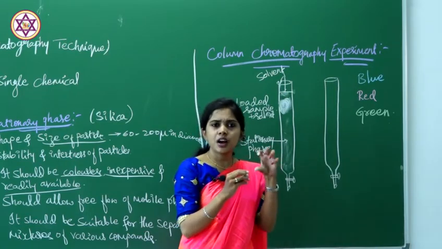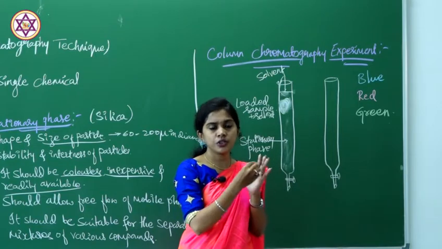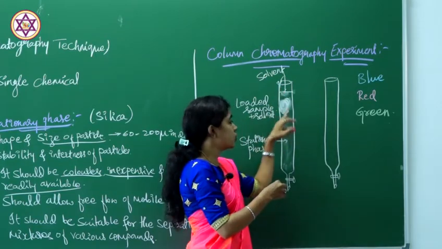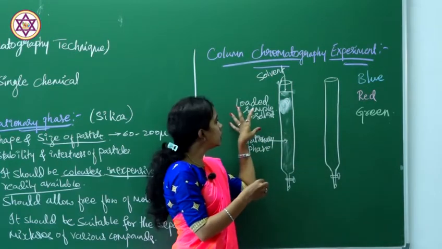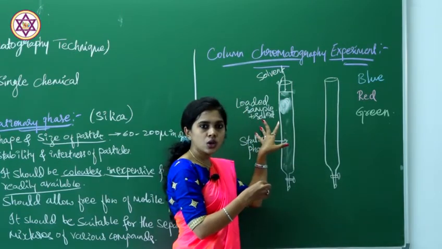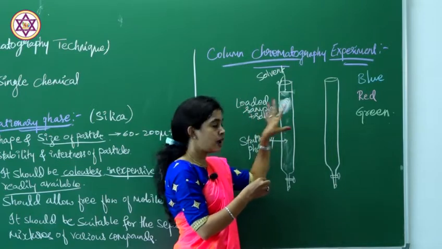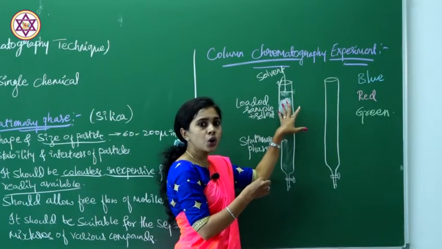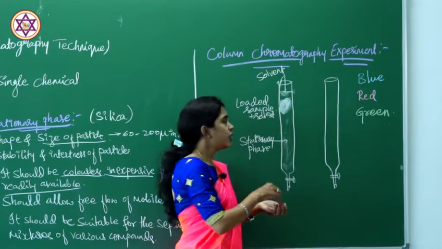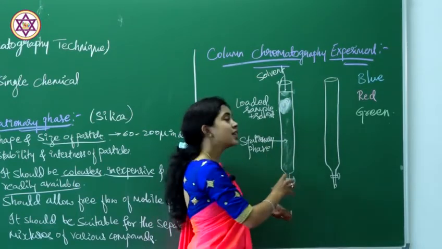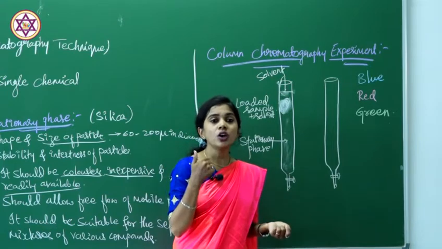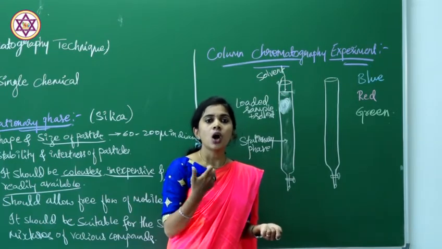It should get absorbed on the surface of the stationary phase, therefore it is going to absorb here. Then next, we'll take the sample, add the solvent plus sample, and allow it to absorb. But if you allow it to absorb on this column, it will take time. Depending on the polarity, it is going to absorb.